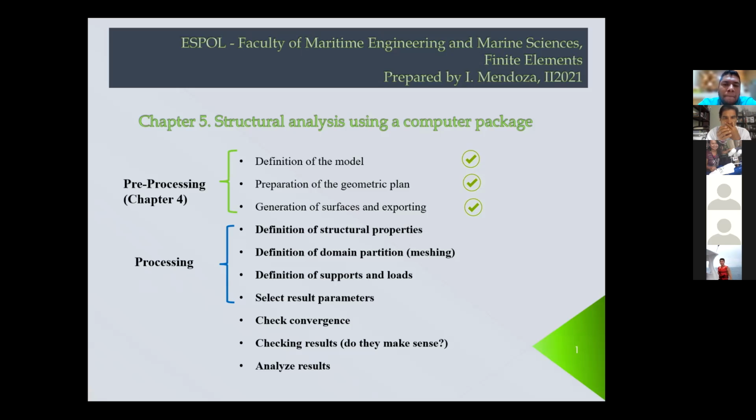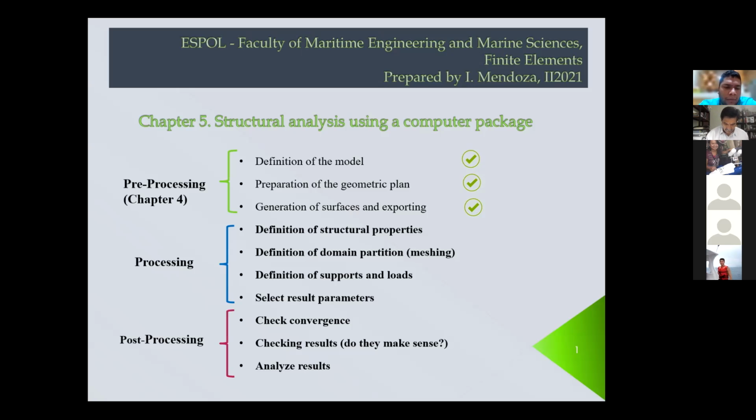Then define the domain partition, that means the meshing, then define the supports or loads, and then select result parameters, for example, deflection, stresses, axial force, and so on.